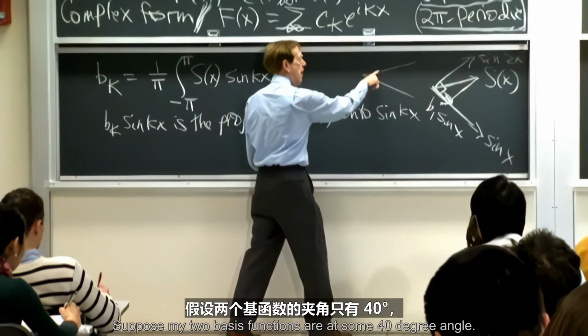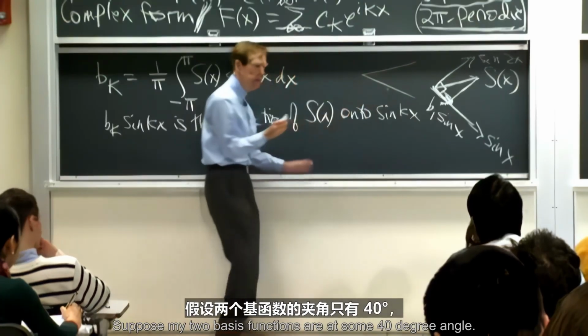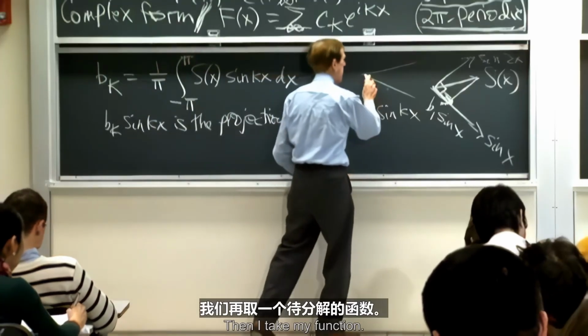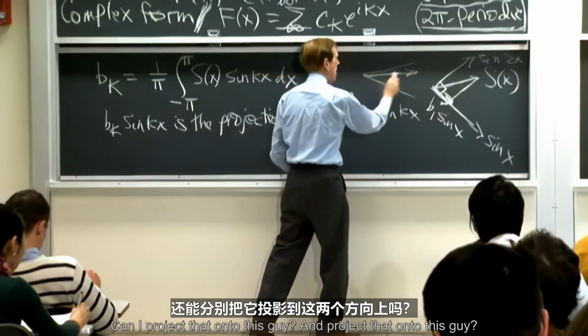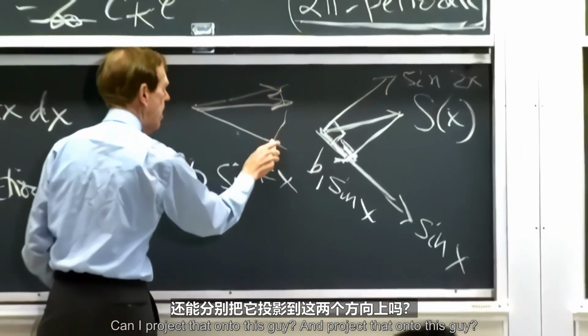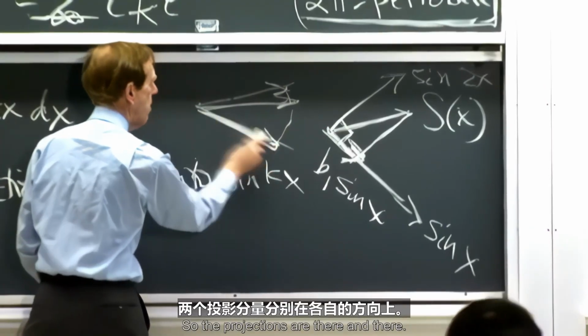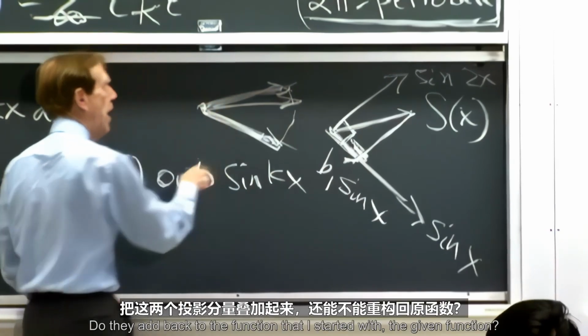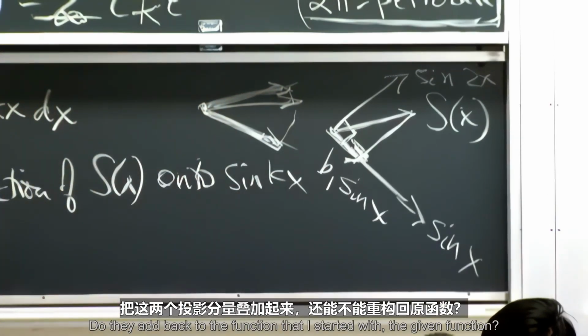Suppose my two basis functions are at some 40-degree angle. Then I take my function. Can I project that onto this one and project that onto this one so that the projections add back to the function that I started with, the given function?